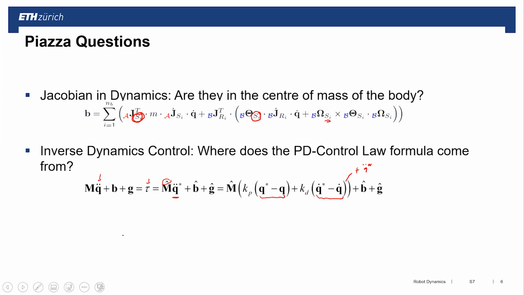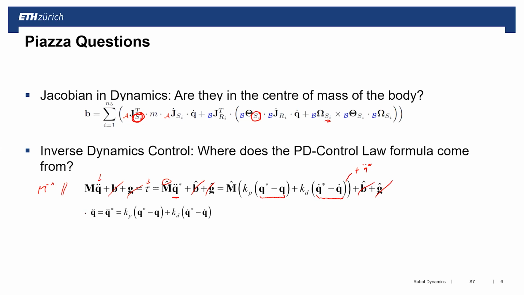Now, assuming that we have the exact model of the system, so M equals M hat, b equals b hat, g equals g hat, these parts cancel out, and we can multiply with M inverse, which cancels out M and M hat.